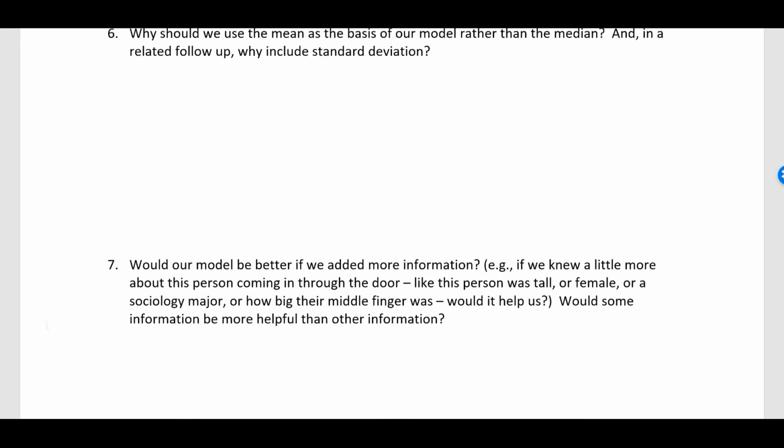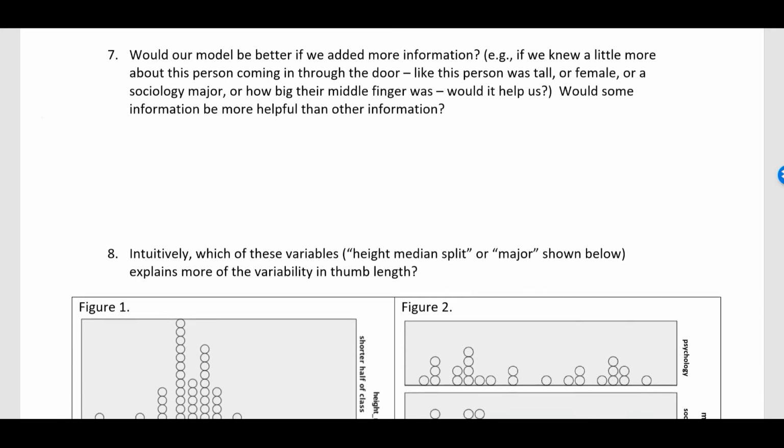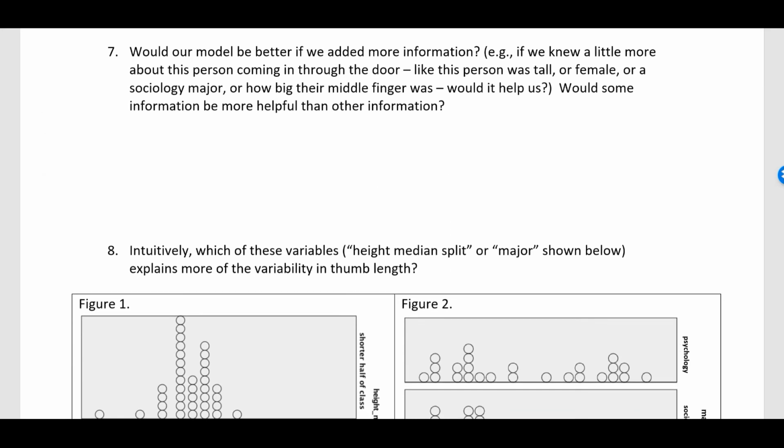And then I'd like you to think, would our model be better if we added more information to it? So for example, if we knew a little bit more about the new student who is being added to the class, like if the person was tall, or if they're female, or if they're a sociology major, or how big their middle finger is, would that help us?